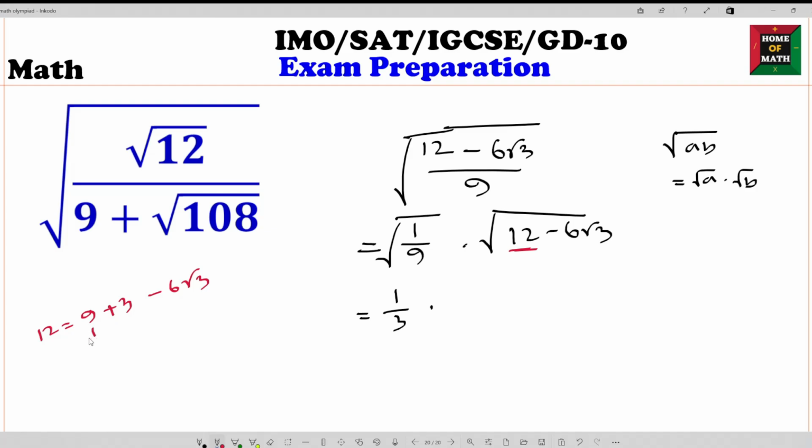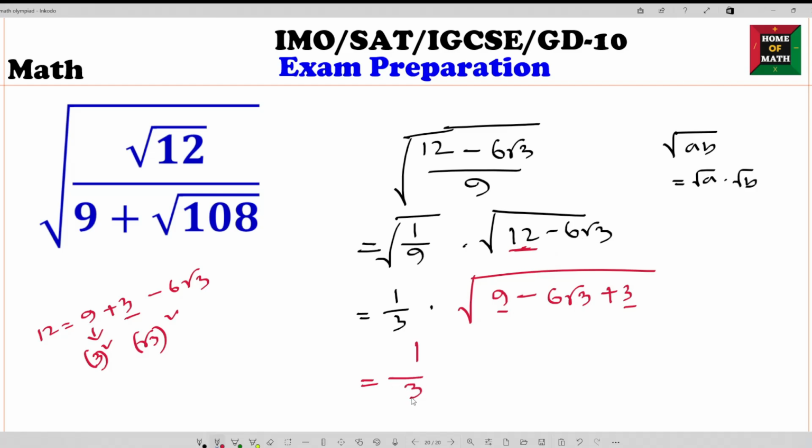So look, 9 we can write 3 square, and this 3 we can write root 3 square. So similarly we can write like this, 9 minus 6 root 3 plus 3. So 9 plus 3 means 12, and here is minus 6 root 3. So 1 by 3 root. This 9 we can write 3 square minus, and suppose this 3 we can write root 3 square.